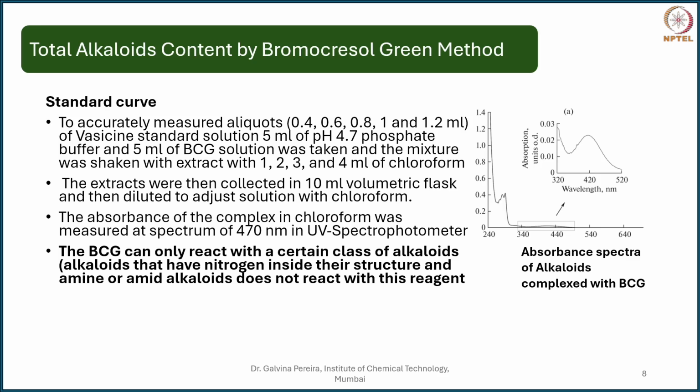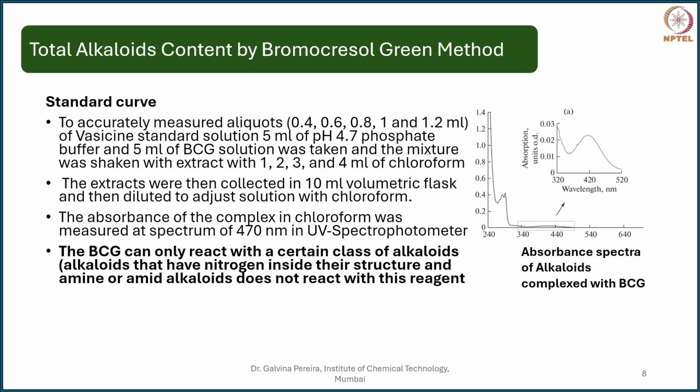Once the alkaloid forms complexes with bromocresol green, this bromocresol green alkaloidal ion pair is soluble in organic solvent. Initially I have phosphate buffer which is water based, and now I am extracting it with chloroform. I subsequently extract with 1, 2, 3, 4 ml of chloroform, pool all my washings together, put it in a volumetric flask, and make up the volume to 10 ml.